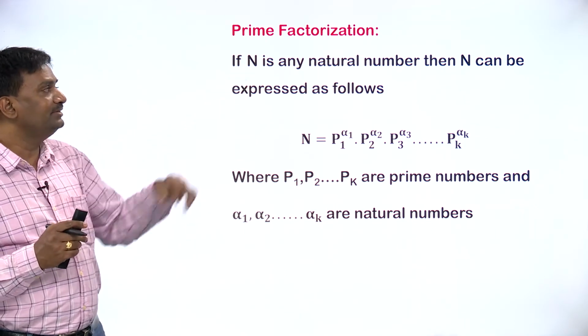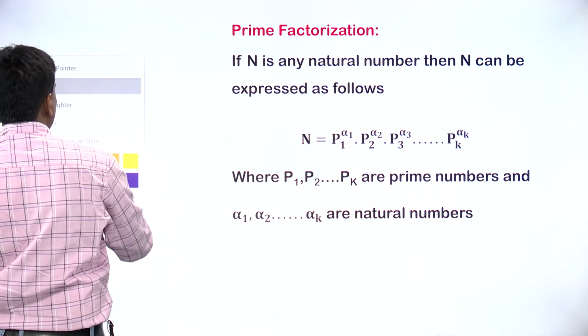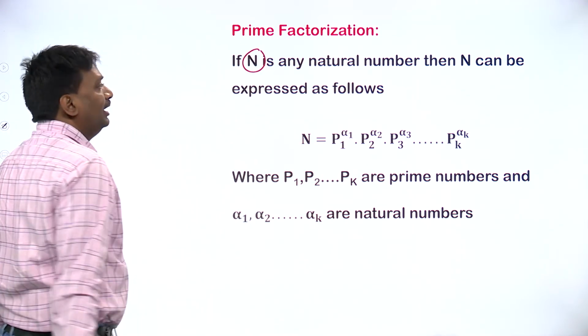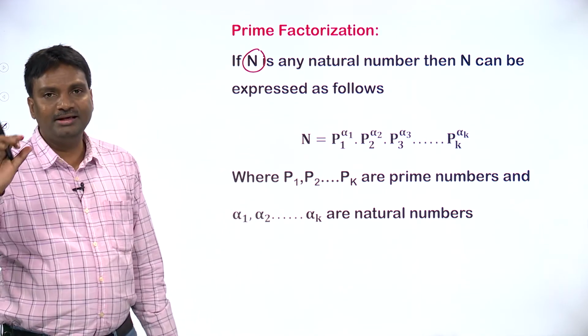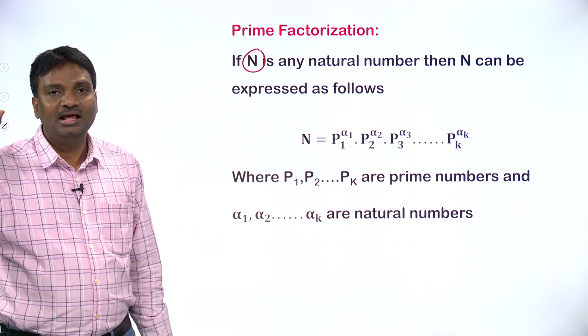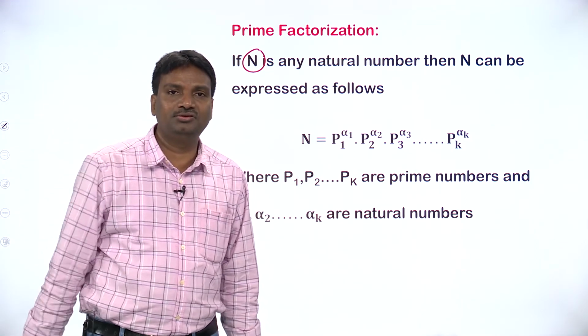Here, if capital N is any natural number, then N can be expressed as follows. You may take N as any natural number. The natural numbers begin with 1, 2, 3, 4, 5, 6, and so on.